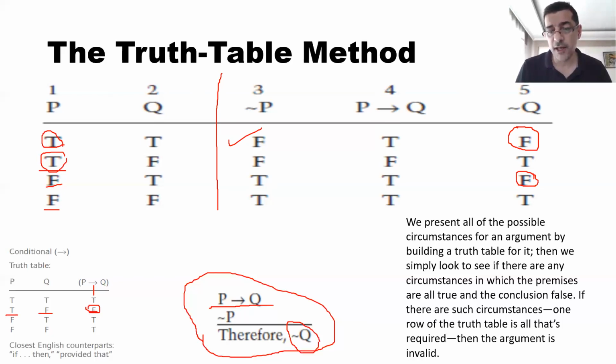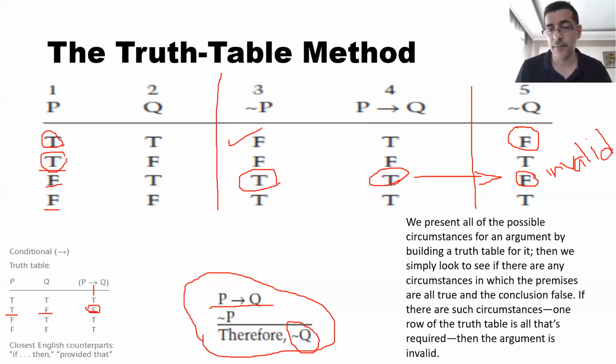If I can find truth value for both premises here, then I can claim that this argument is invalid. And look, here we have T and another T. So it means that this argument is not valid. So it is invalid. Why? Can you tell me why?